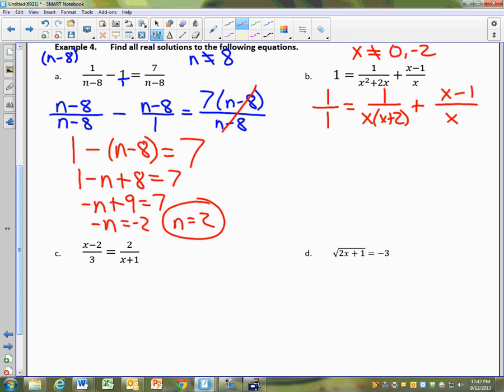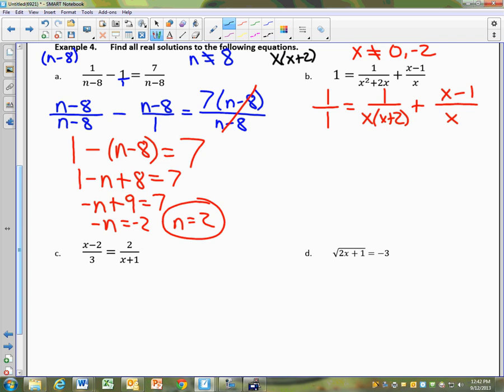Those numbers are an issue. What is the common denominator in that scenario? Good. X times x plus 2.